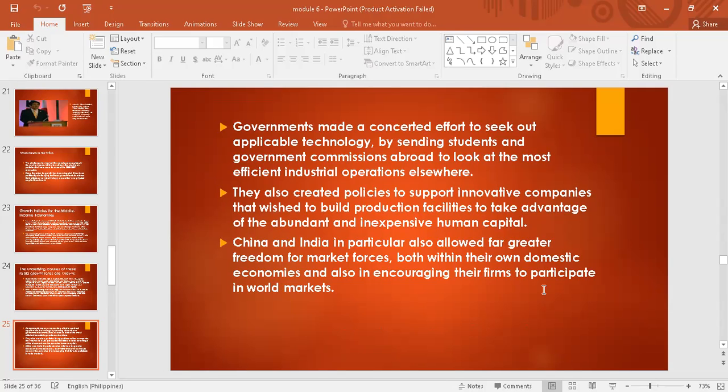Dito sa mga middle income countries, mababa yung bayad sa mga labor force, kaya ibinabawi doon sa production facilities, yung mga buildings, yan. Si China and India in particular also allowed, what else? Yung tinatawag nating freedom for market forces, that you will not only focus on your borders.